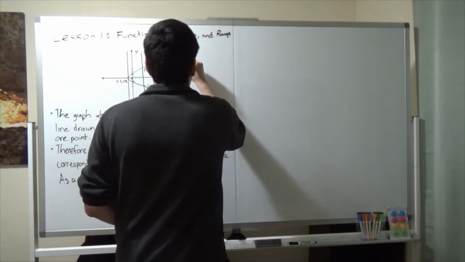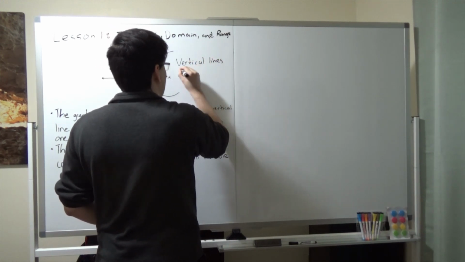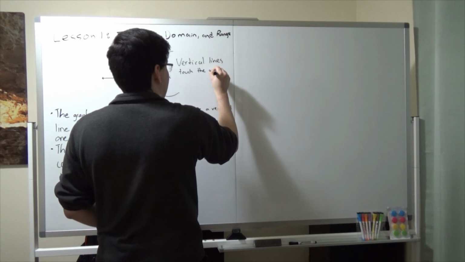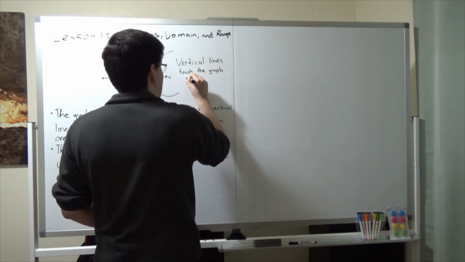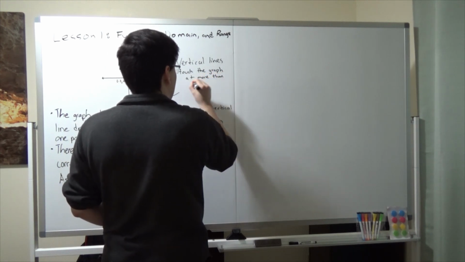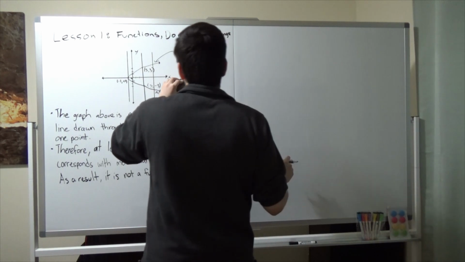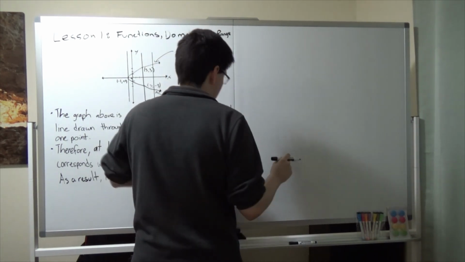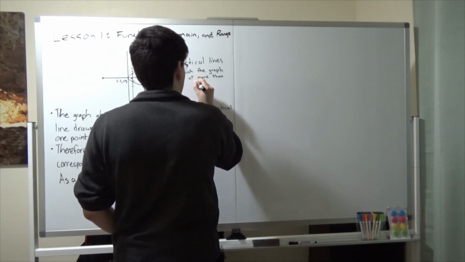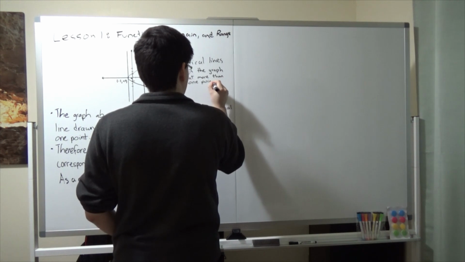So we can see vertical lines touch the graph at more than one point.